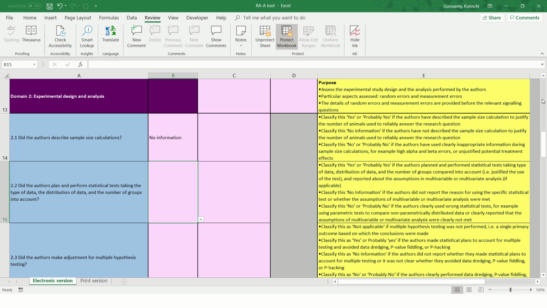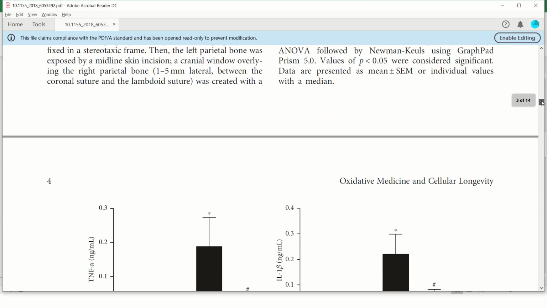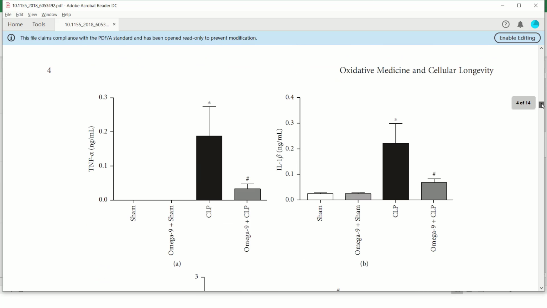So type of data, yes, and the number of groups into account. Now they have done an ANOVA, which is comparing multiple groups. So probably that's okay, because if they were using a t-test, then that would be comparing only two groups.